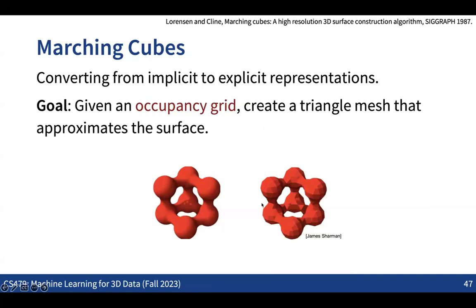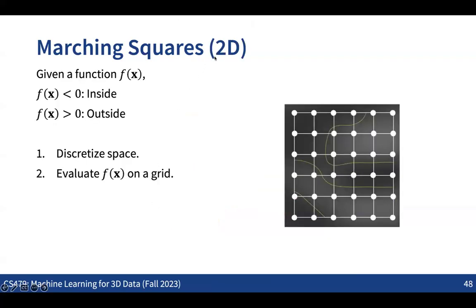While we were talking about the signed distance function in the previous slides, we know that we can easily convert the signed distance function into the occupancy field, right? So here we're going to assume that the implicit information is now the occupancy information for the corner of each of the voxels. Before we get into the 3D case, we are going to briefly see the 2D case.